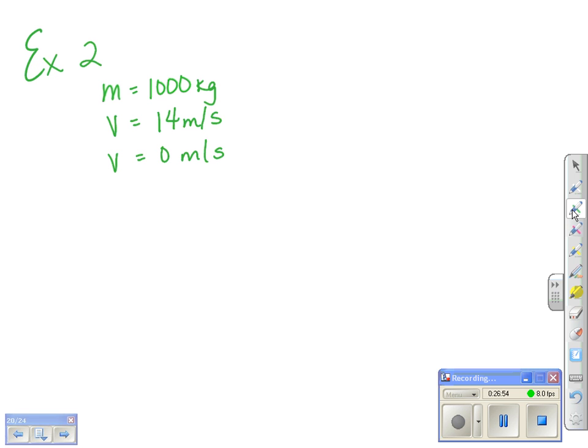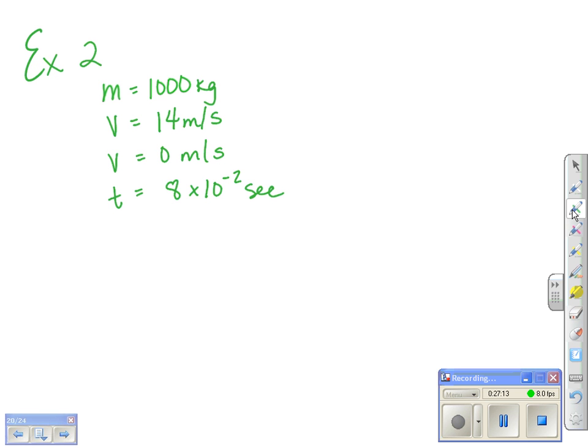All right. In 8 times 10 to the negative 2 seconds, so there's a time. 8 times 10 to the negative 2 seconds. With what average force is it brought to rest? Okay, well, we need to think about this.